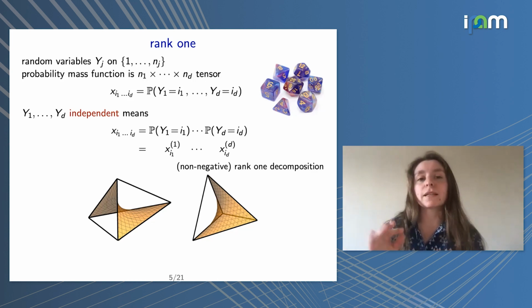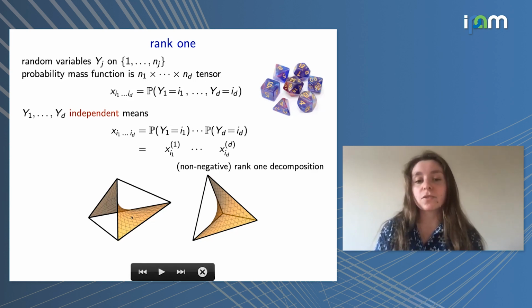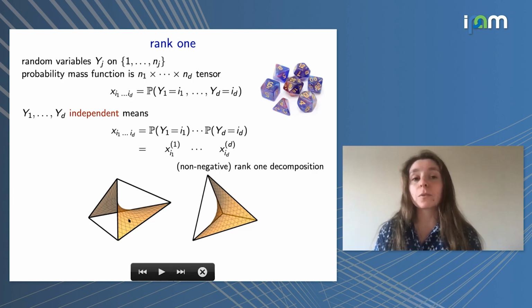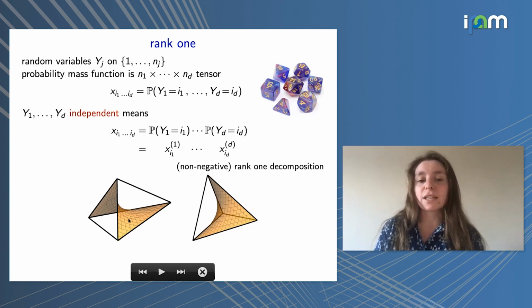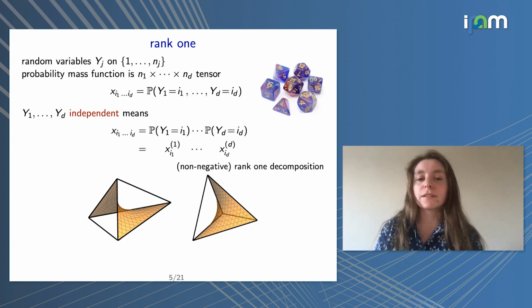And then we have a particular subset of tensors in this space, which have some special structure. And this is given in this example by this surface. So this is the surface of rank 1 tensors, or equivalently, the statistical model corresponding to independence between our random variables.